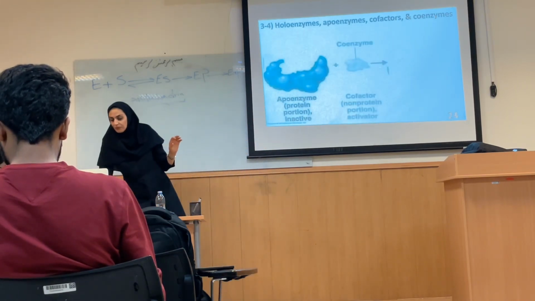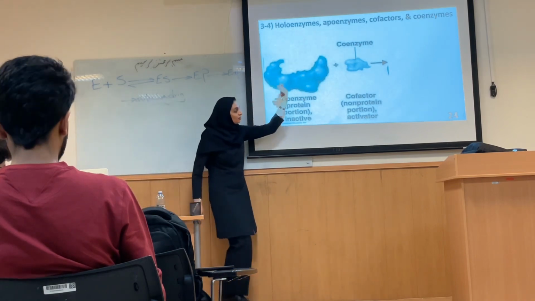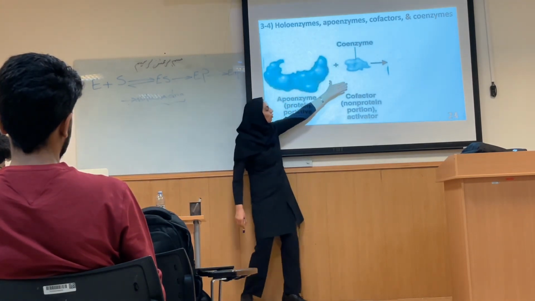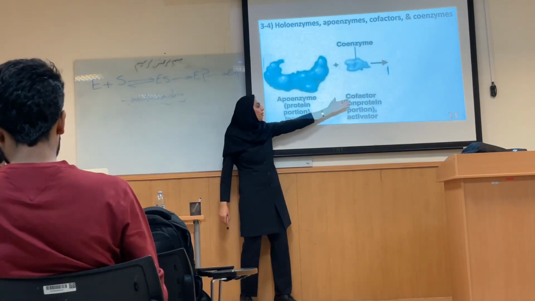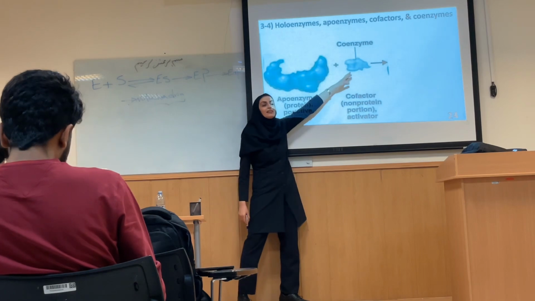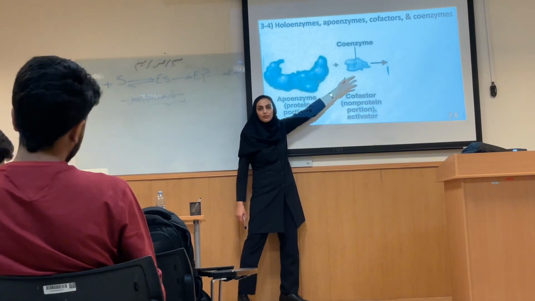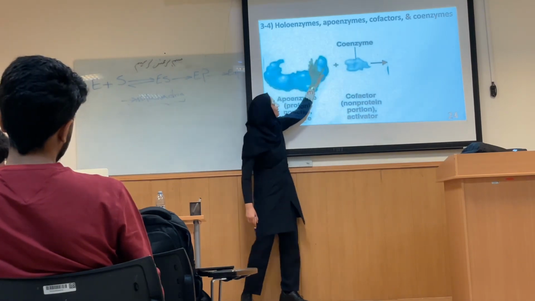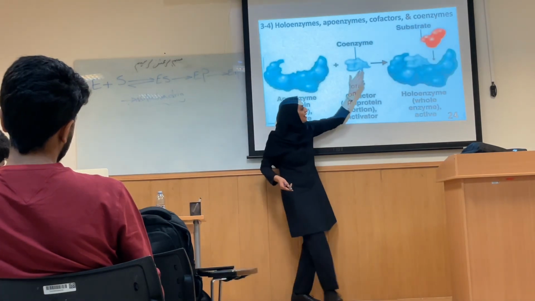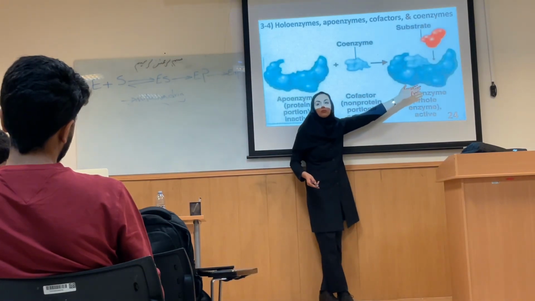After that, we add another thing, which is coenzyme or cofactor. I will explain about that. This is the enzyme activator. After attaching this coenzyme to the apoenzyme, now we have holoenzyme.